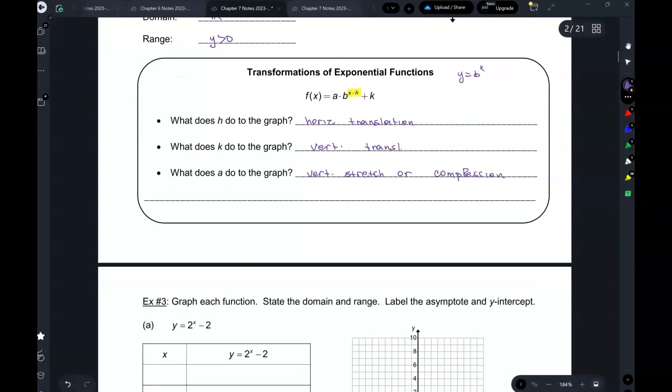And also, if a is less than 0, then this is a reflection around the x-axis.